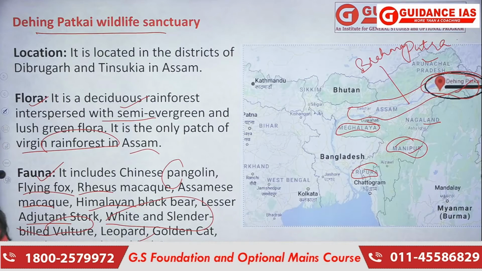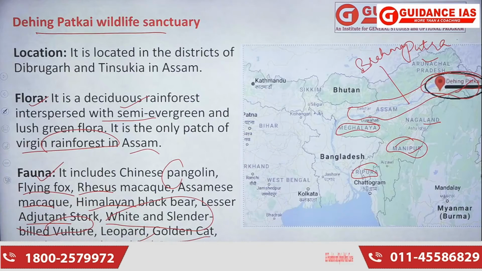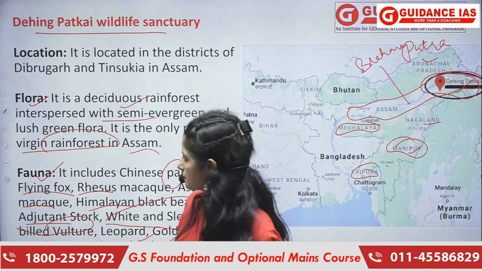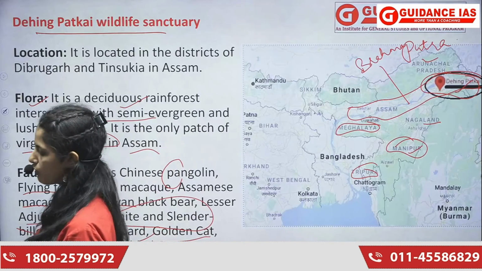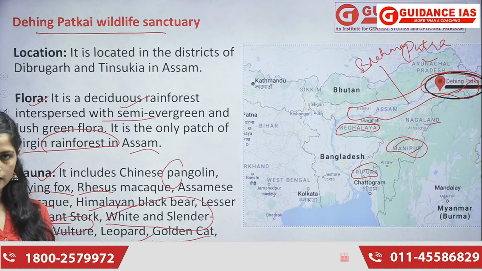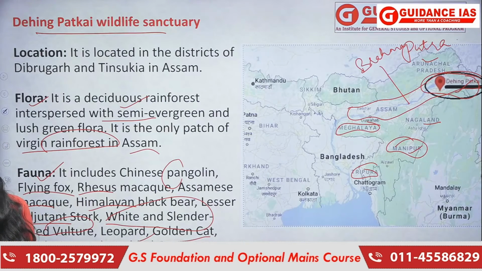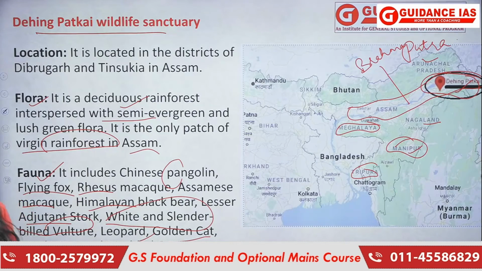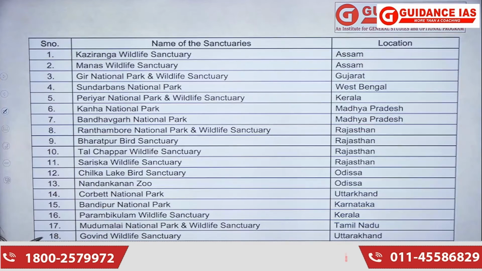We have already talked about it. Golden cat also you will see here. Marbled cat you will also see. So these are some of the species you can remember pertaining to Dehing Patkai Wildlife Sanctuary. But the most important thing is that you remember the exact location of it. All right. Chaliye.